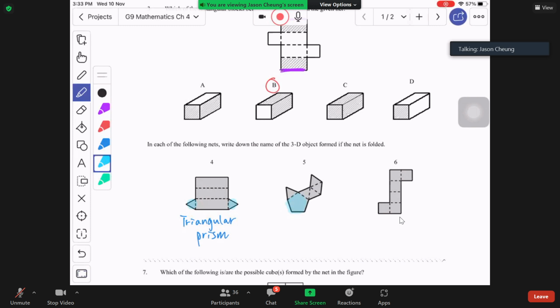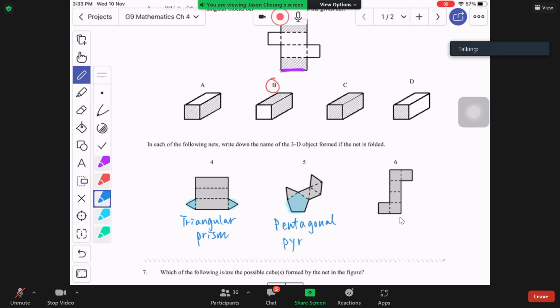And then we can see that all of the side faces here are triangles, right? So you can try to think of it like this. So it is a pentagonal pyramid, not prism, because all the side faces are triangles. All right, so here question 5.